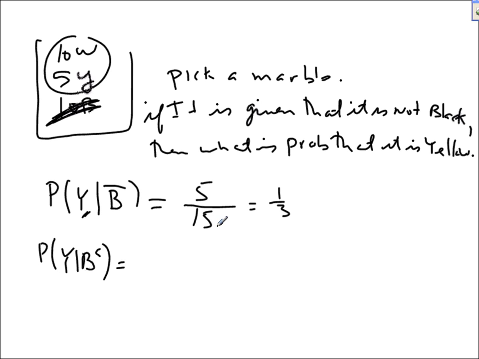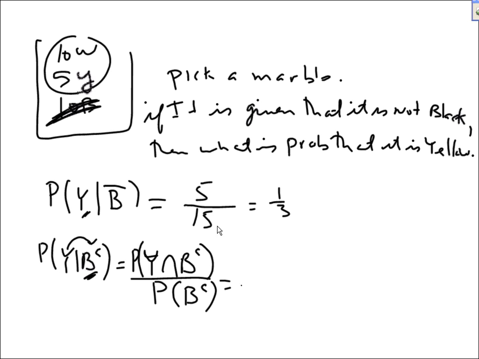This is the probability of this intersect that. The probability of yellow and not black, divided by the probability of not being black. Well, if you're yellow and you're not black, then you're yellow.